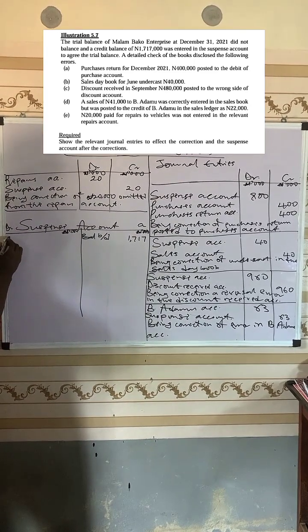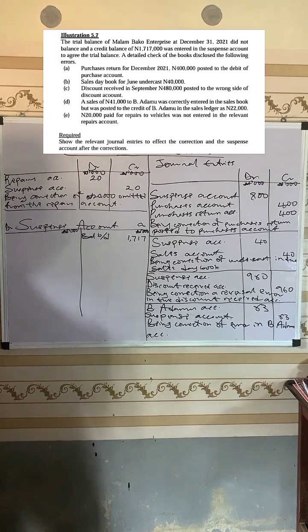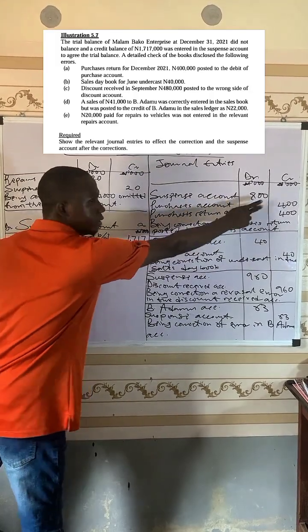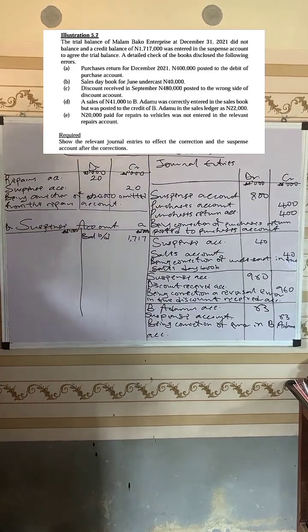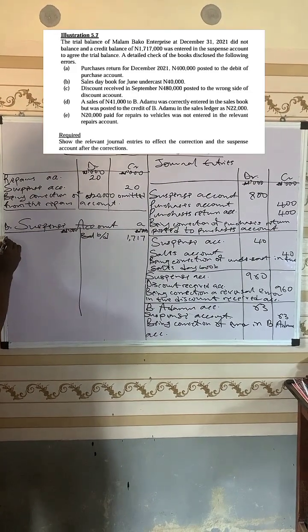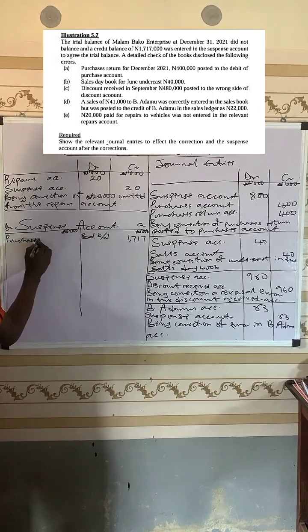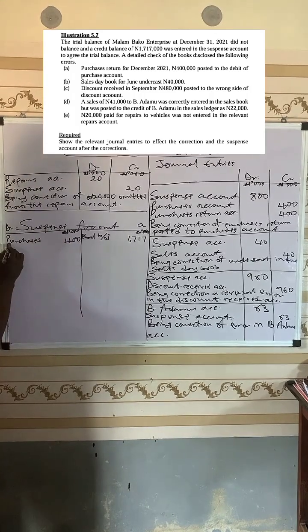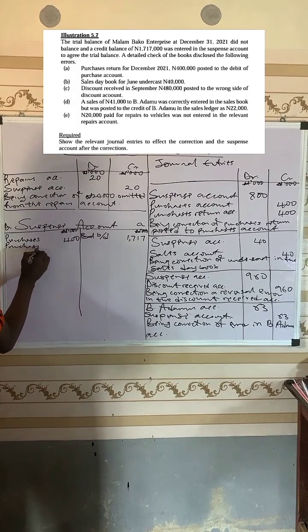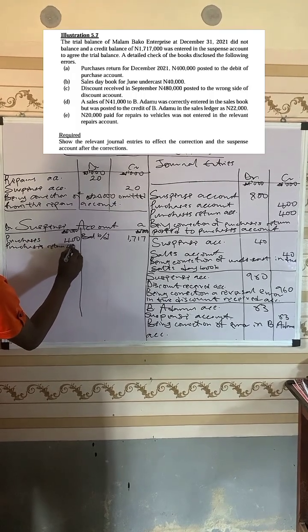So we are debiting it here, 800,000. But remember, it is the combination of these two transactions, purchases account and purchase return account. So in the suspense account, you just write purchases account, purchases, how much? 400, and purchase return, also 400.